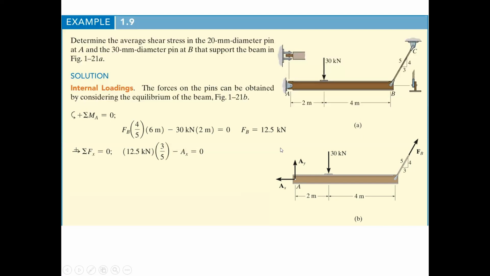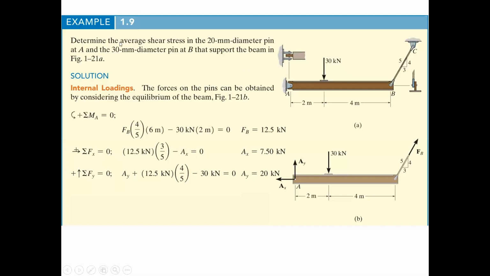Okay, so our other two equilibrium equations are the sum of the forces in the X direction, where you can get the AX component of the reaction, and summing forces in the Y direction, you get AY. Okay, so we know that these are the X and Y components of the reaction force, and we're going to use this information to look at the average shear stress in this pin, and we're going to look at the average shear stress in this pin over here.